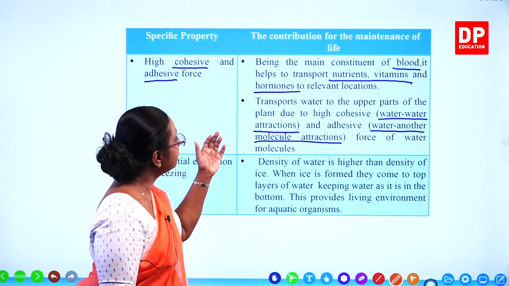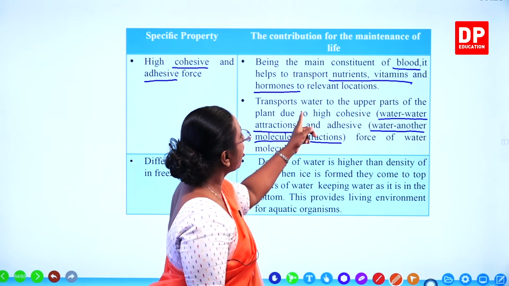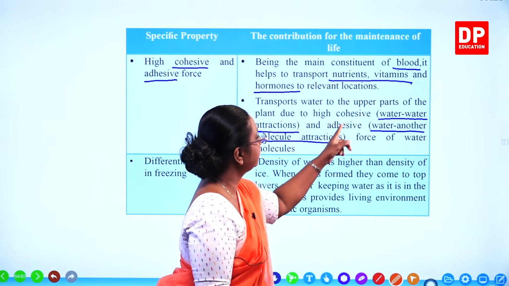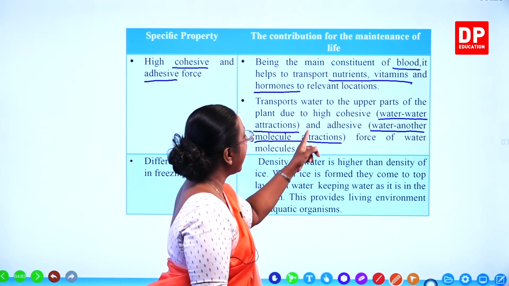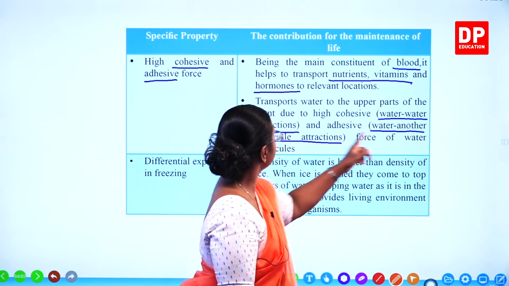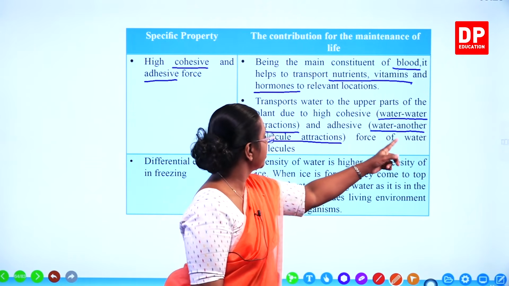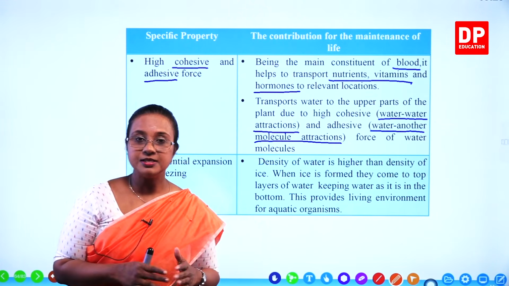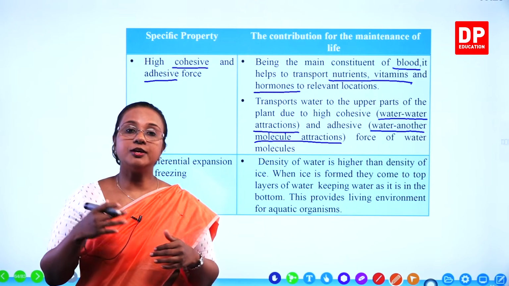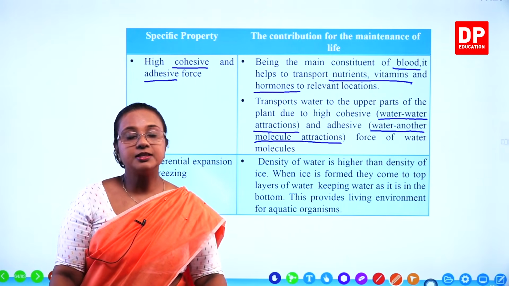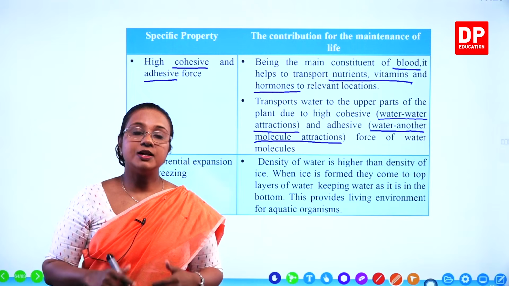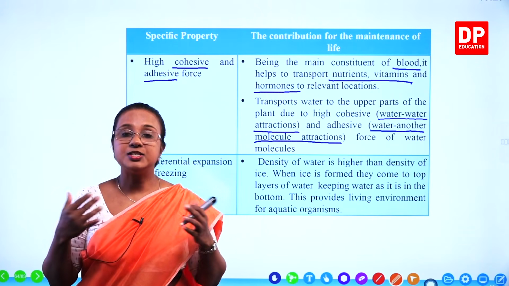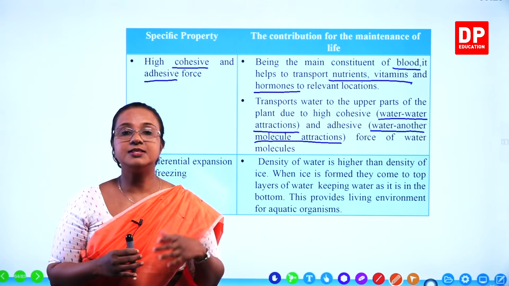So, this helps to transport all the main substances to the relevant locations. Similar to that, in plants, water is transported to the upper parts of the plant due to high cohesive, that is water-water attractions, and adhesive, water and another molecule attraction, force of water molecules. So, in plants, you know students, the roots absorb water from the soil. So, that is the ground level. From the ground level, water has to be transported to higher parts of the plant, especially the leaves where photosynthesis takes place.